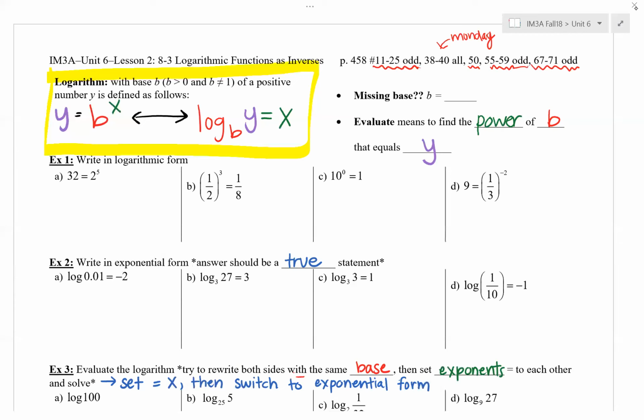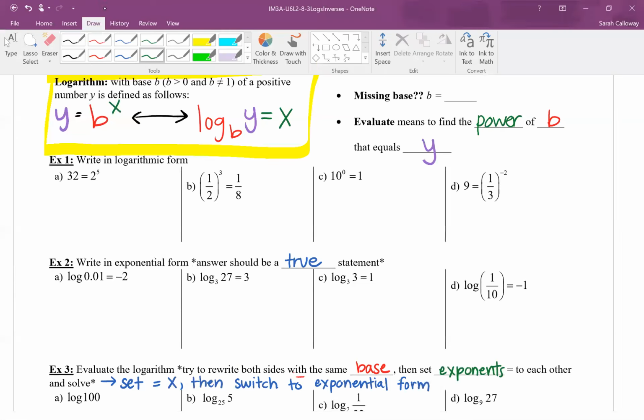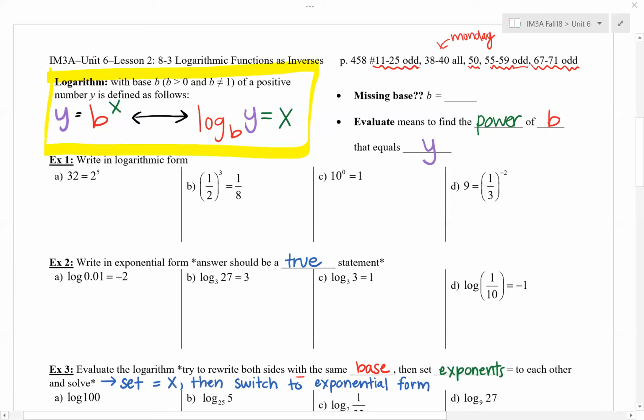Okay, so for the first 2 examples, a good skill that is reinforced all the time is being able to switch between the 2 forms whenever it best suits you for any problem. So we're going to start with just being able to switch between the 2. For example 1, we've got an exponent, and we're writing it in log form. What we first want to find is the base, and the base is the thing with the power on it. So in our case for a, the base is 2.